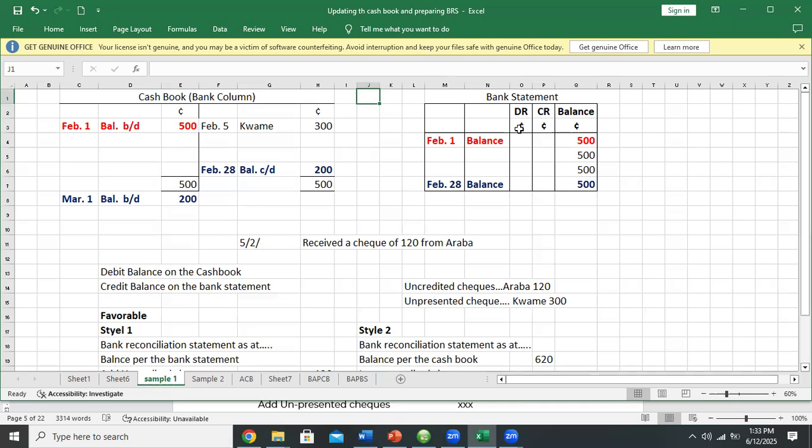Now you do the investigation and you realize that you paid somebody 2,800 Ghana cedis. So what it actually means is, let me demonstrate that here. You had 3,000 cedis in your cash book, right? But you have paid Kwame 2,800. So in your head or in your notebook, you have 200 cedis.